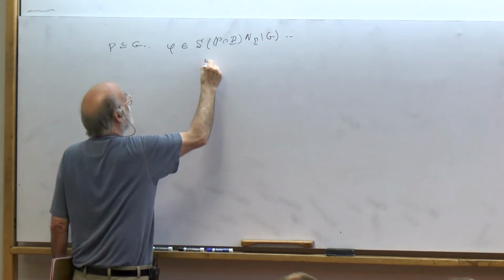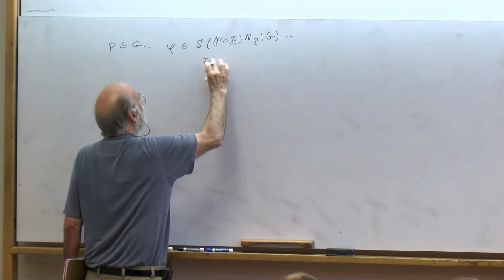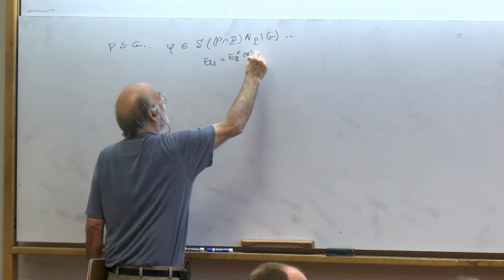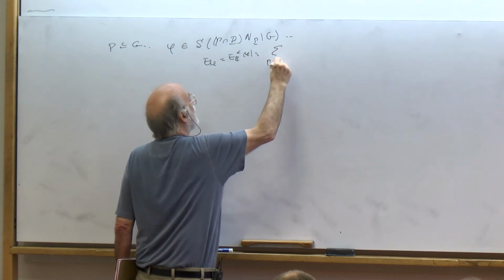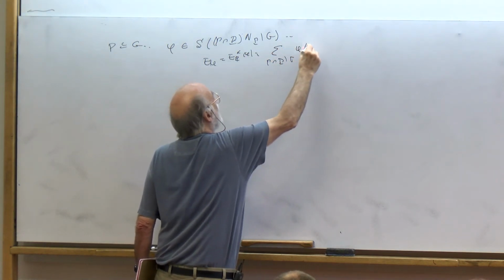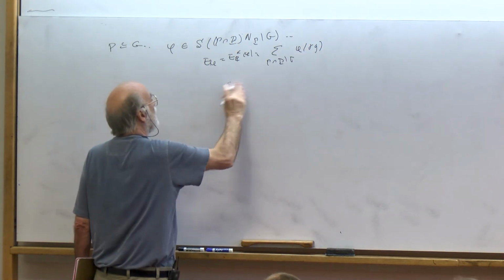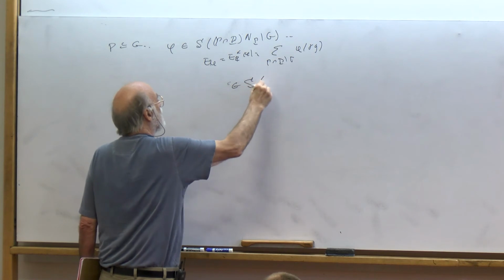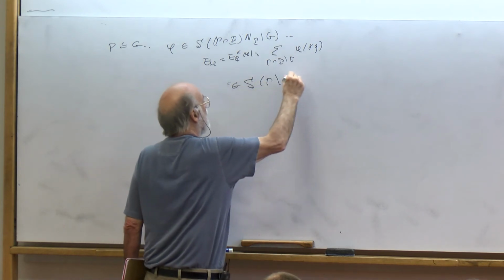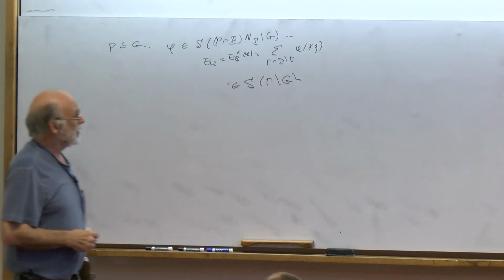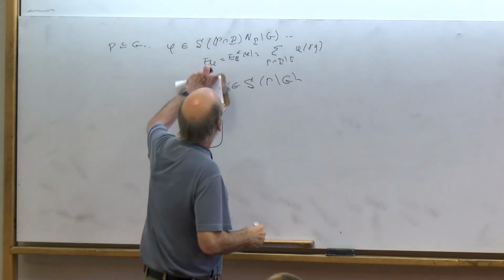And then I define E of phi, or I can also call it E of P of G of phi, equals the sum over gamma in the intersection of P with gamma of phi of gamma g. And it turns out this is, remember, the Schwartz spaces are very nice, this is in the Schwartz space of G itself. Not a deep theorem, but not quite trivial either.